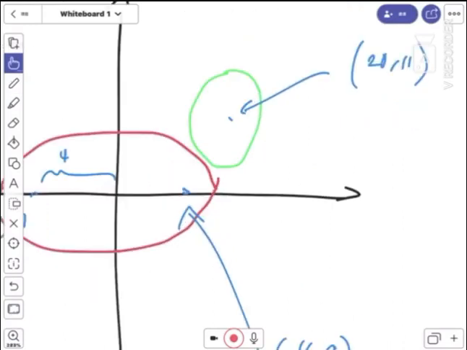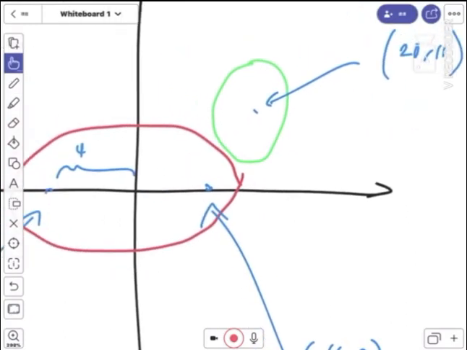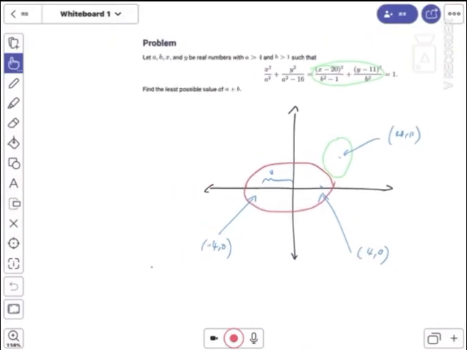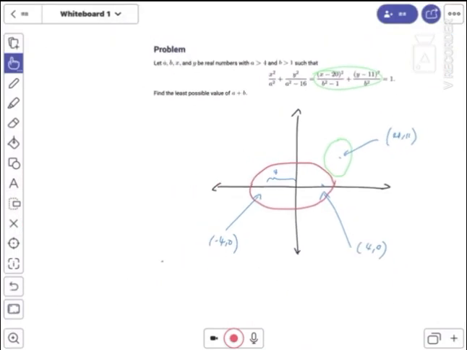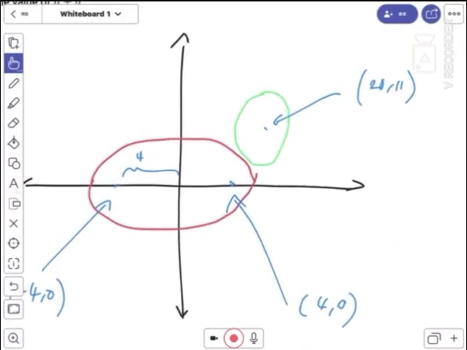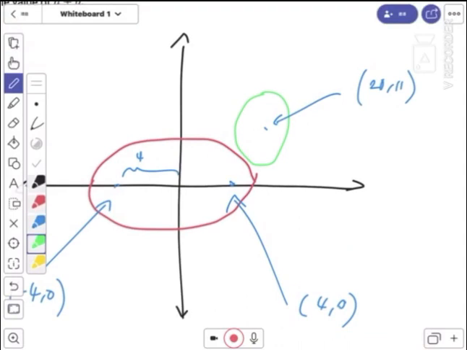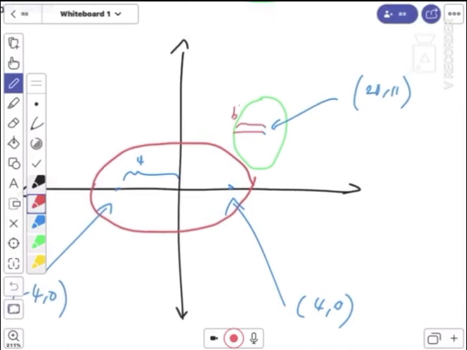Now if we expand to here, looking at the equation back, we get b squared minus 1 is the horizontal part. This part is the square root of b squared minus 1. And this one is b.